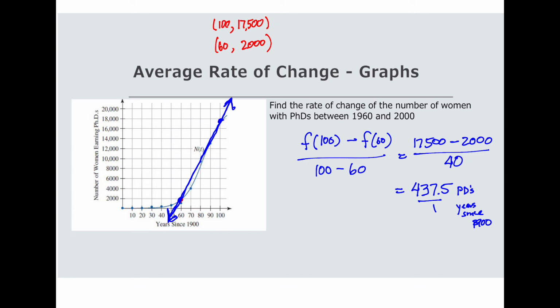So the average rate of change between 1960 and 2000 is 437.5 PhDs per year since 1900. And that's between the years of 1960 to 2000.